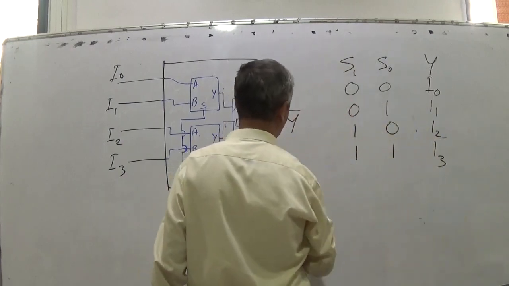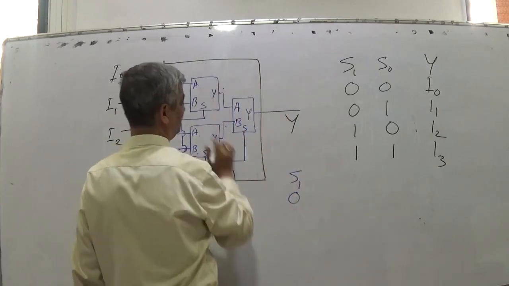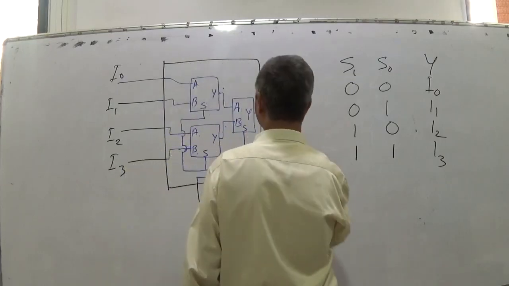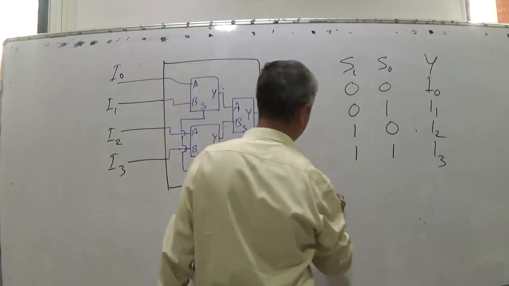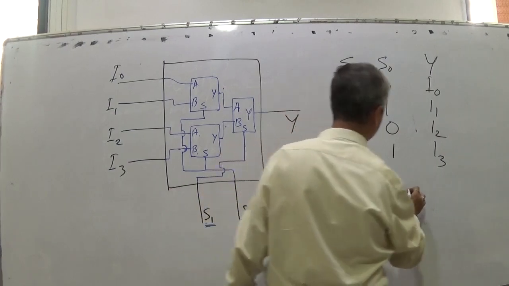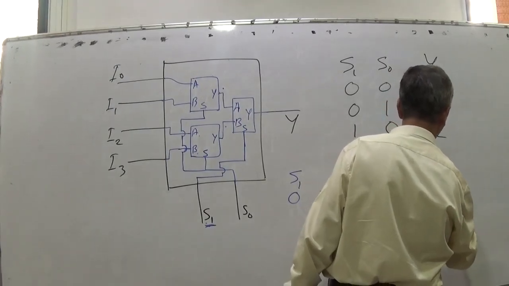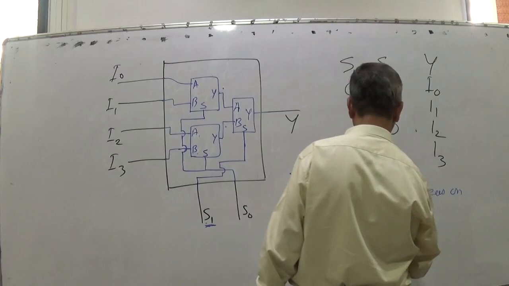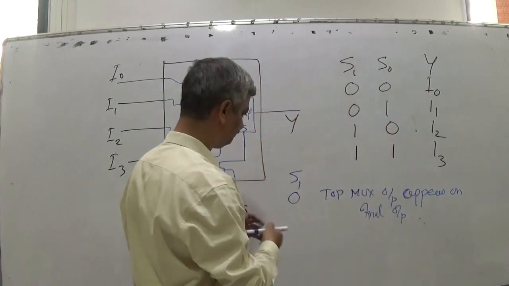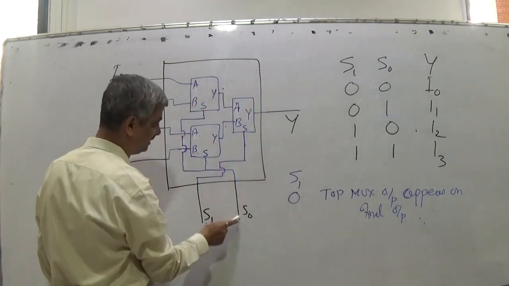When S1 is 0, what happens? When S1 is 0, the top multiplexer output appears on the final output. And what is the top multiplexer output? The top multiplexer output is decided by S0.